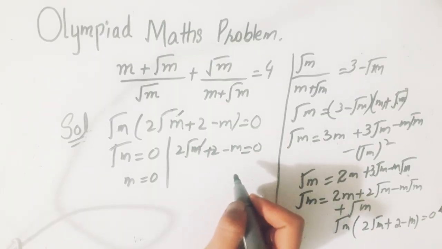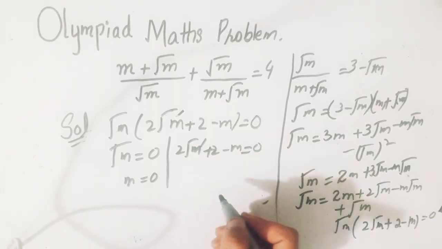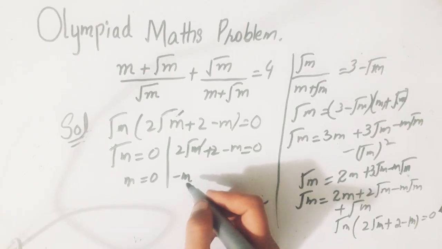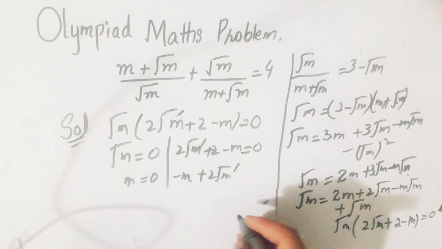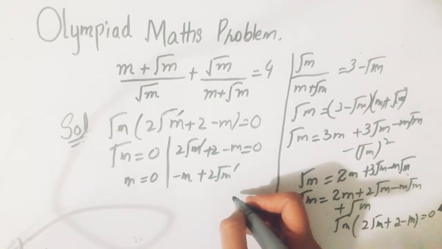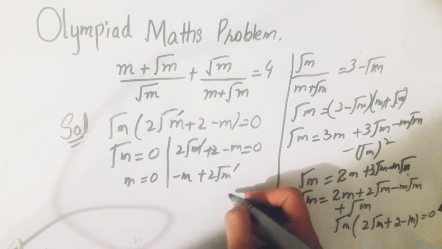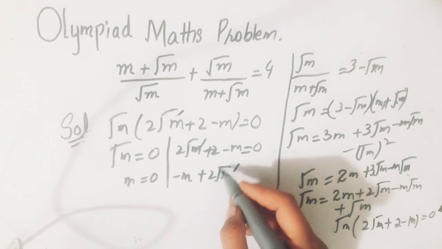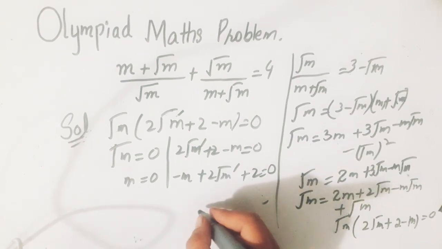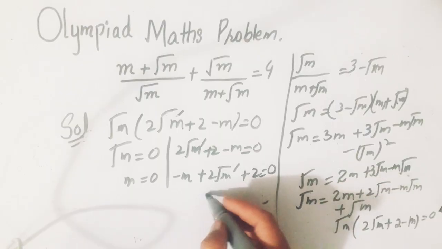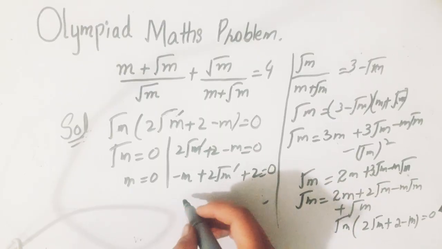Now we will solve this further as multiply this by minus 1, plus 2 root of m minus 1, and this will be plus 2 equals 0. Now we can take minus as common from this.